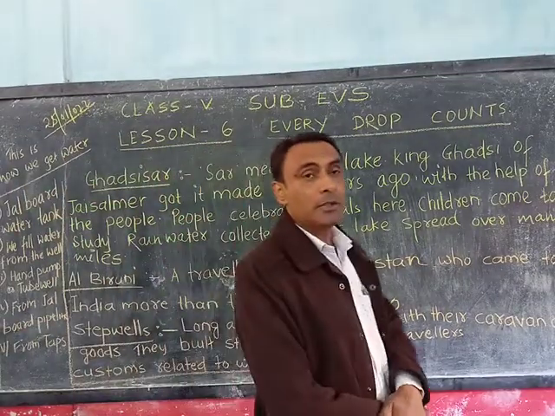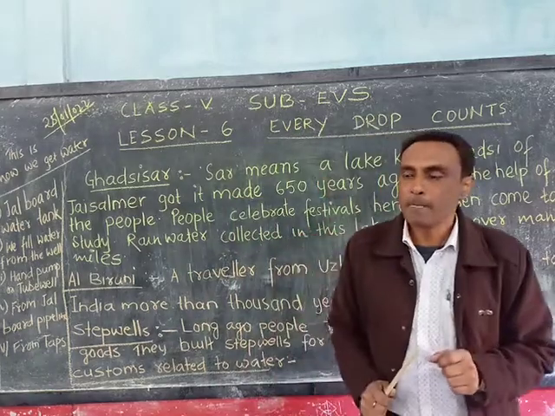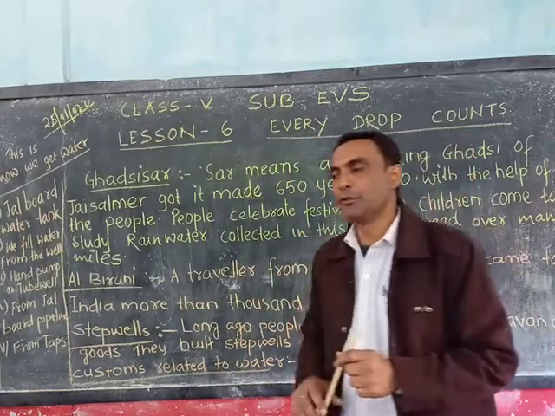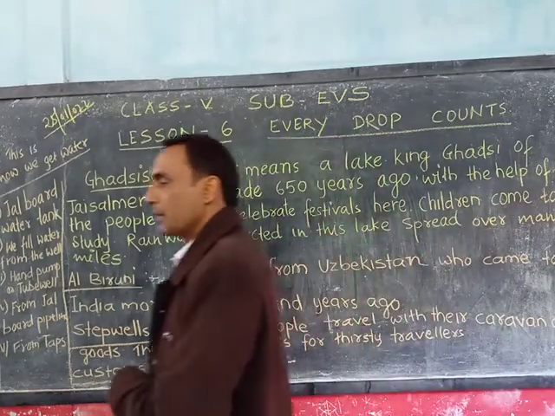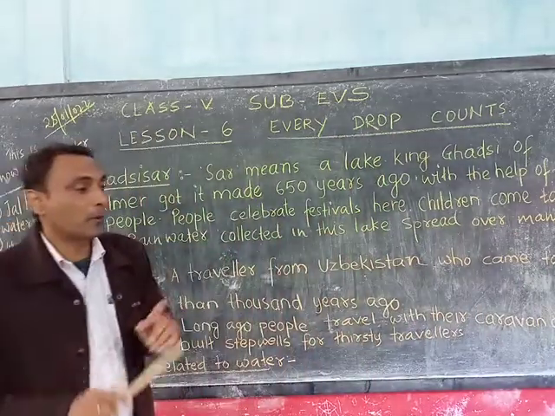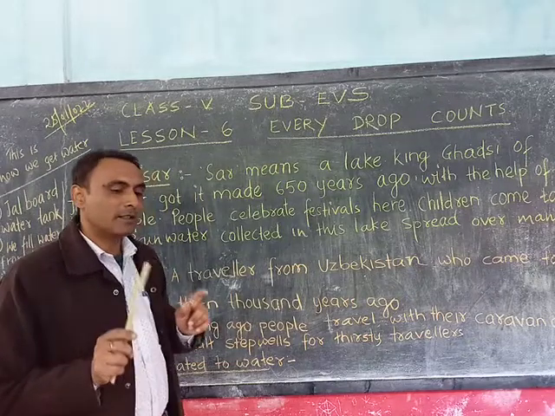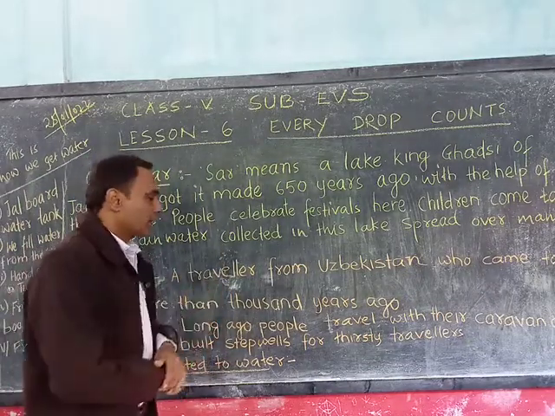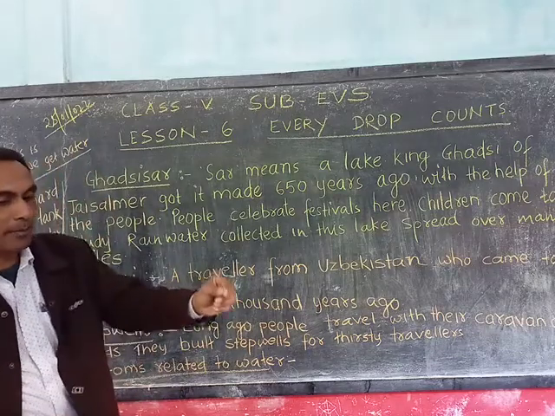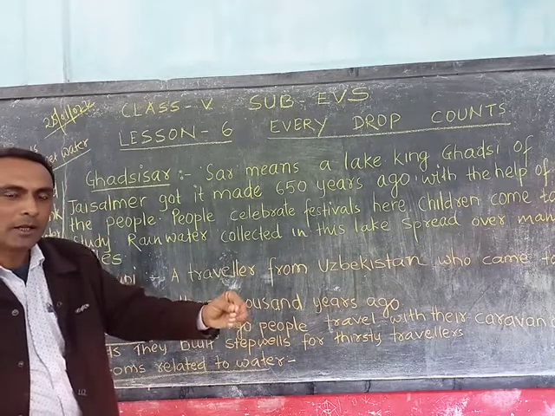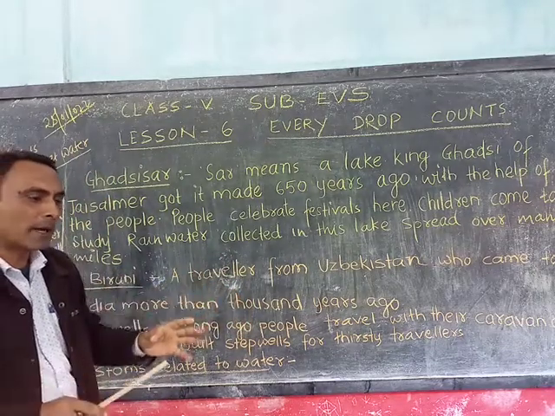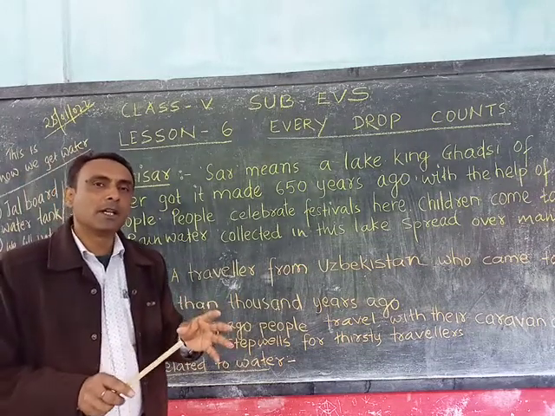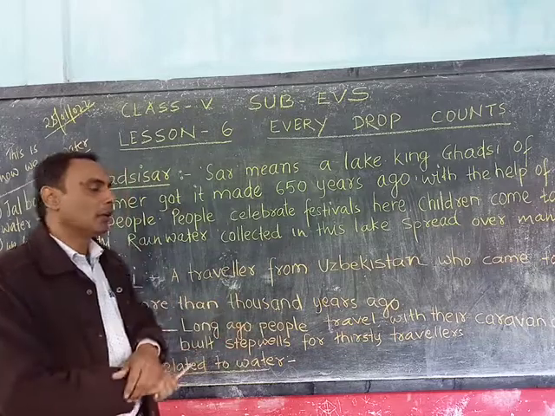In Uttarakhand, what happens when a new bride comes to a new village or home? First of all, what does she do? She goes near the tap or well or any source of water. From that particular source, she or her family gets the water.